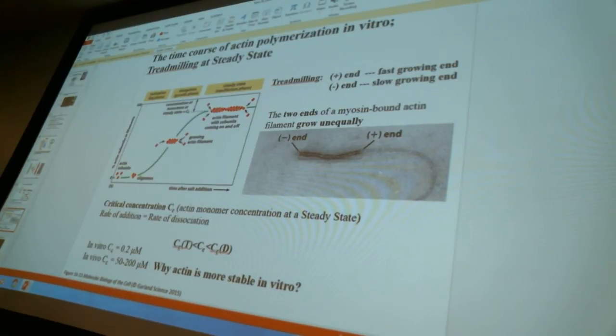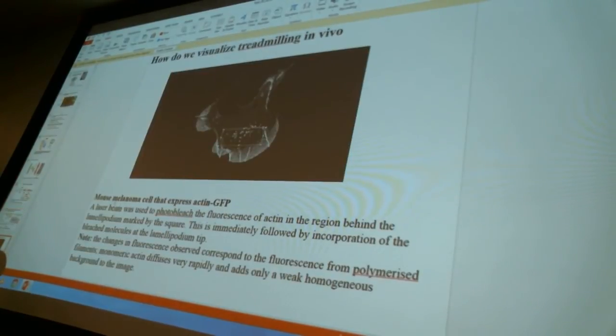So we call them a number of accessory proteins. They are basically helpers. And motor proteins are also part of this large family of accessory proteins, but there are much more. So here's another little video of how we view treadmilling of actin in vivo.